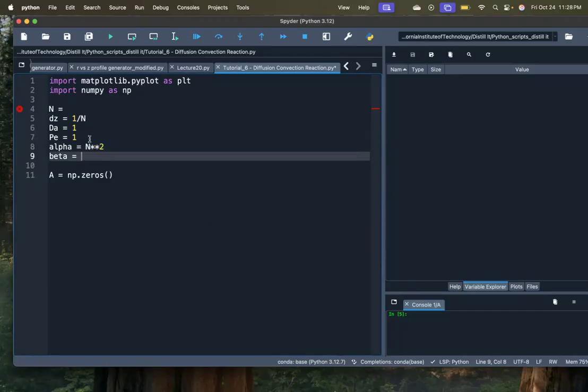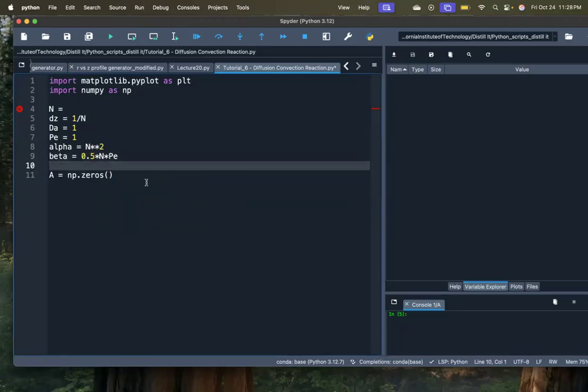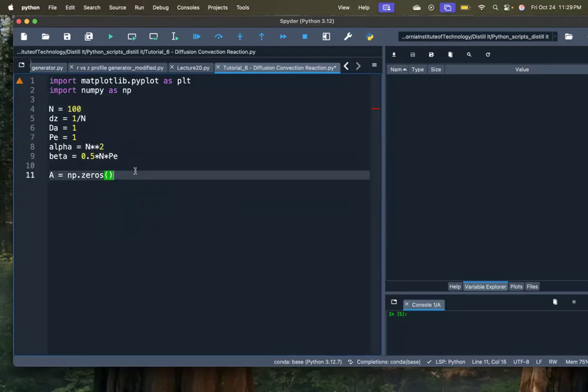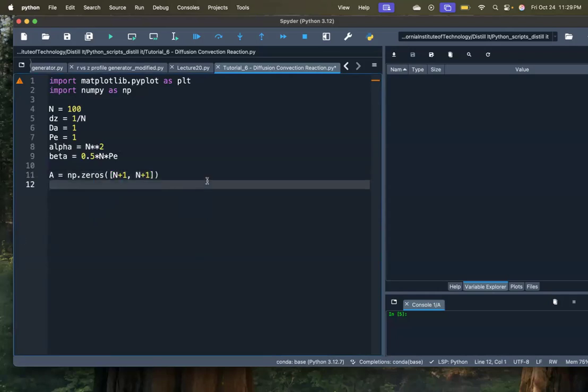And beta, we had said, is equal to n times the Peclet number by 2. So that is our beta. Let's say we are going to do it for 100 points. Now let's initialize the A matrix. That's np.zeros, n plus 1 cross n plus 1.